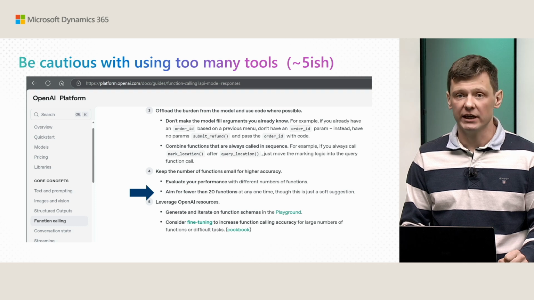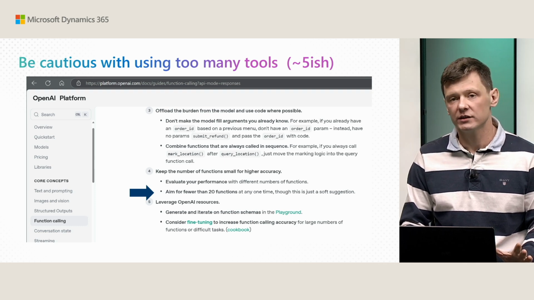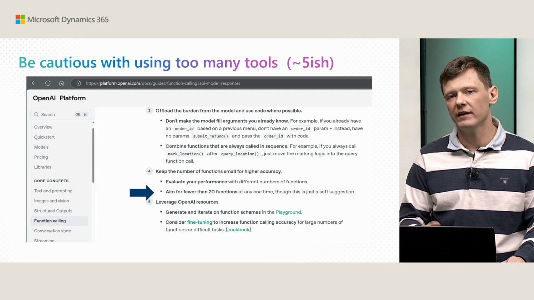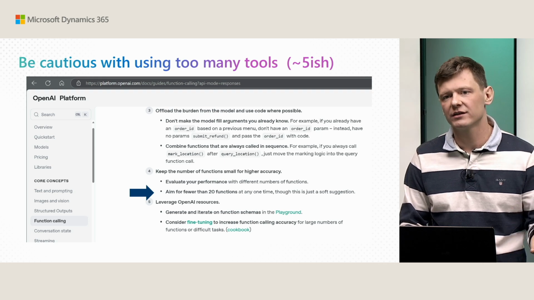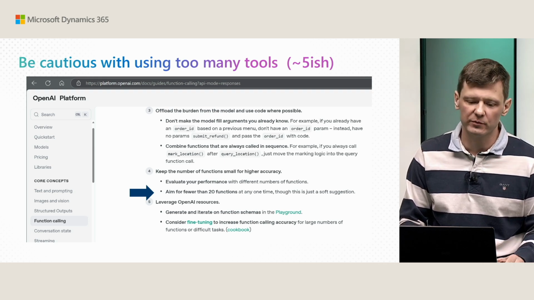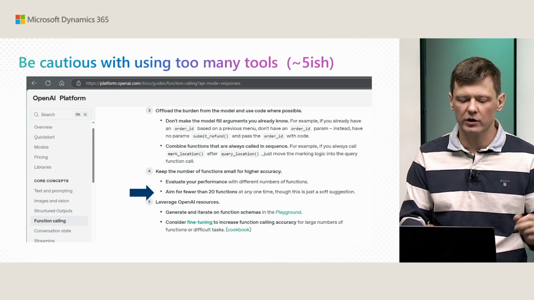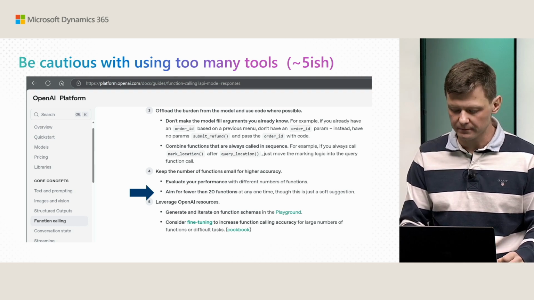From our experimentation, or if you look at Microsoft features, we use around five-ish, and we see pretty good results. So we would suggest you stay around five-ish, but obviously as the technology improves, as large language models improve, probably that number will grow over time.